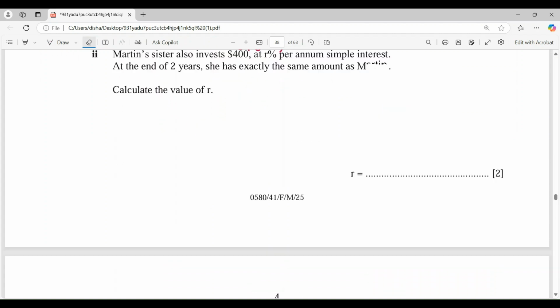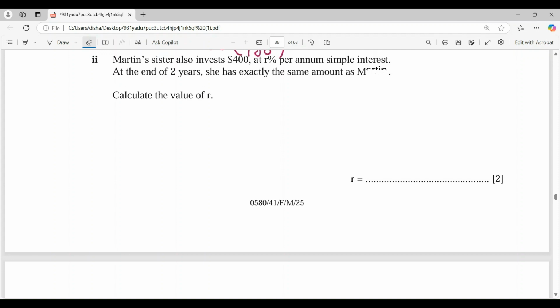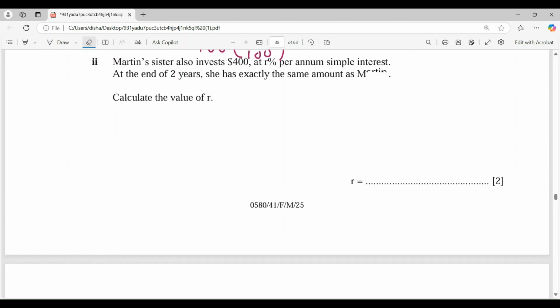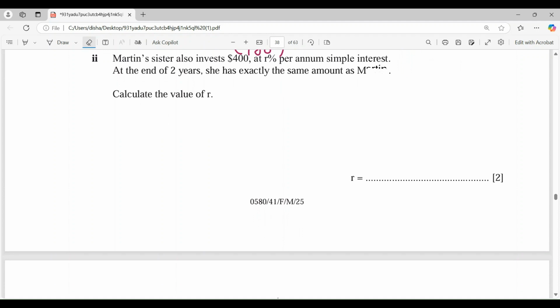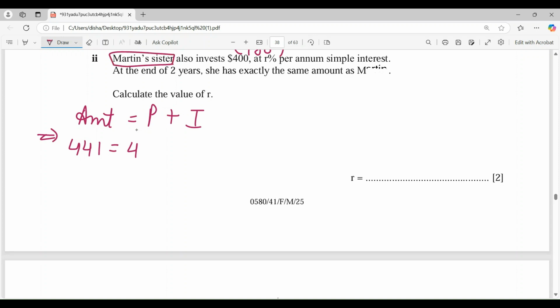Next, Martin's sister also invests $400 at rate R% per annum simple interest. At the end of 2 years, she has exactly the same amount as Martin. Now, Martin has $441 at the end of 2 years. Calculate the rate R. So amount equals P plus I. We know the amount is 441, the principal that Martin's sister has is 400, plus interest, I is PRT upon 100.